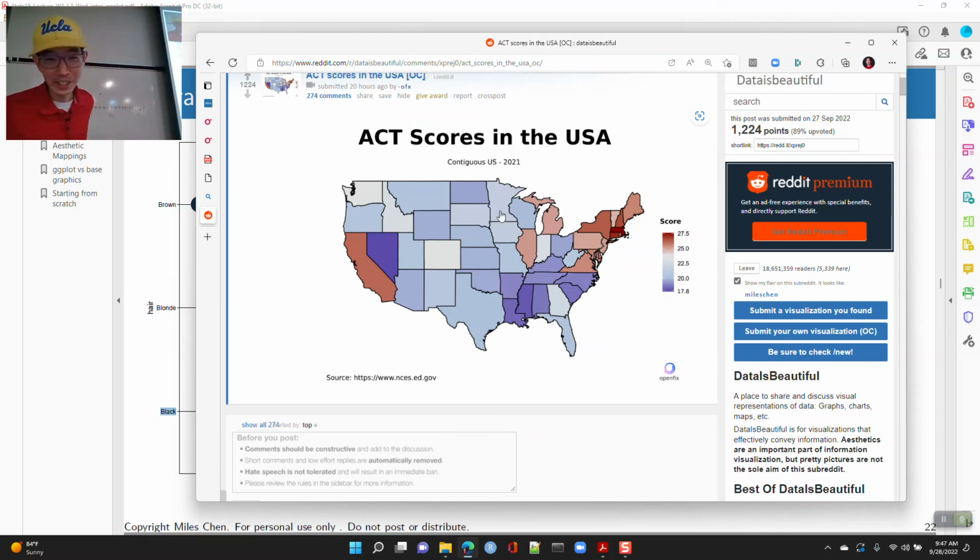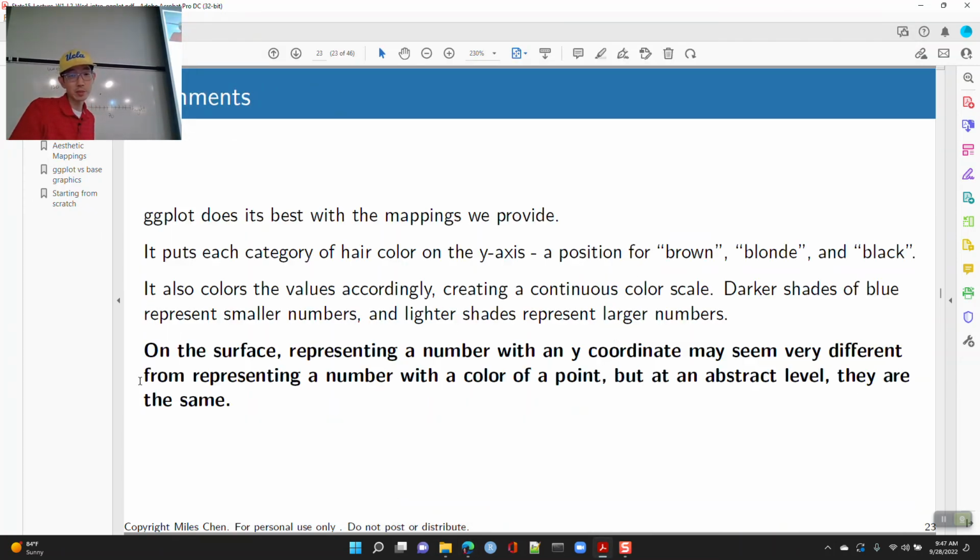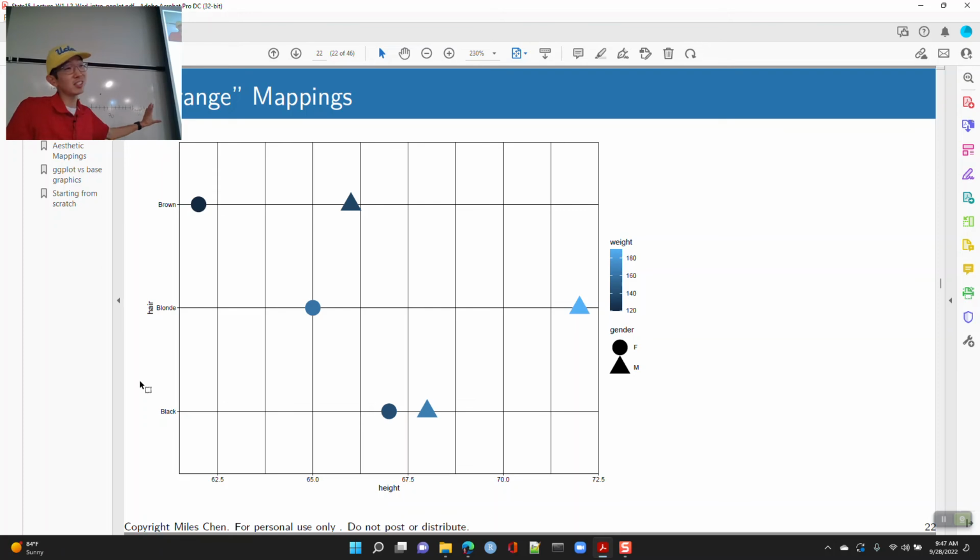Even these three that are all adjacent to each other, do they all have exactly the same ACT score? I'm not quite sure, right? It's tough to tell, and we're just not as good at this kind of thing. But it is possible, and this is a valid mapping. I would say it's not as pleasant or easy to interpret, but it is valid as far as mapping the data to a visual space.